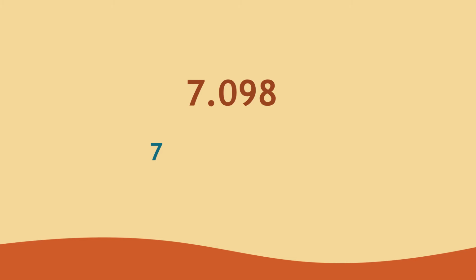And to that, we're going to add our first digit, which is a decimal in the hundredths place. So we're going to add to that 9 hundredths, or 0.09. And then our next digit is the 8, which is in the thousandths place. So we're going to add to that 8 thousandths.